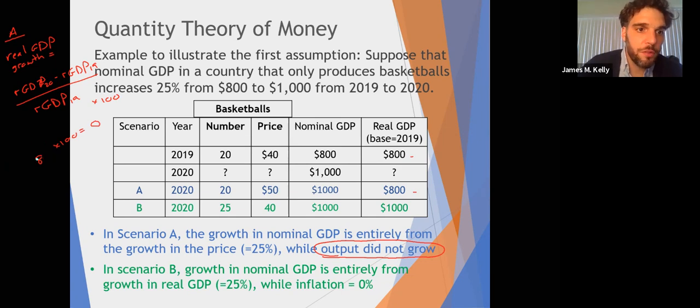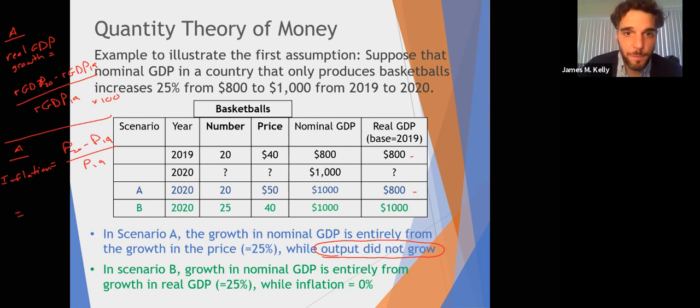There is growth in the price level. So taking a look at the price level, still in scenario A, now looking at the inflation rate. Inflation is just the price level in 2020 minus the price level in 2019, over the price level in 2019.